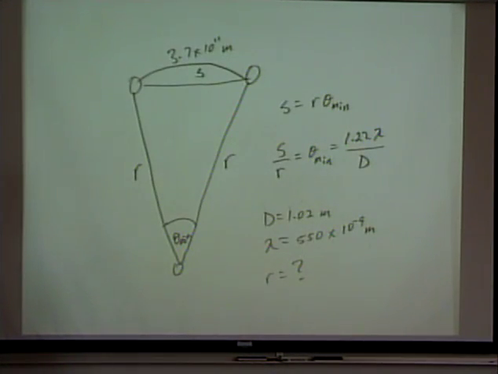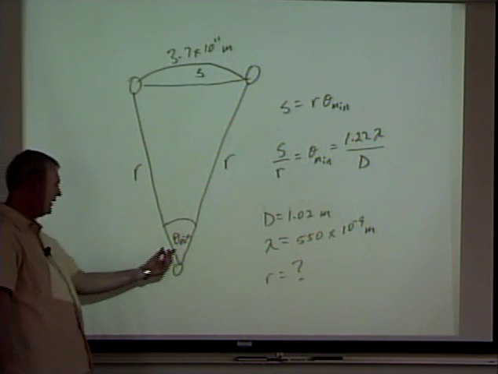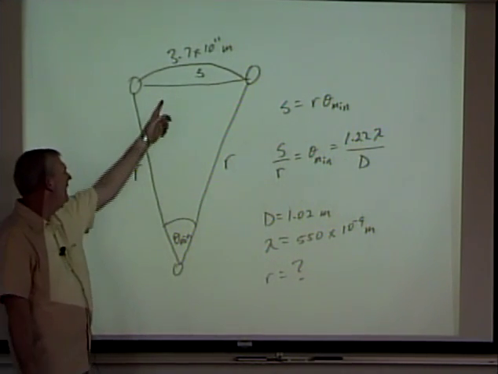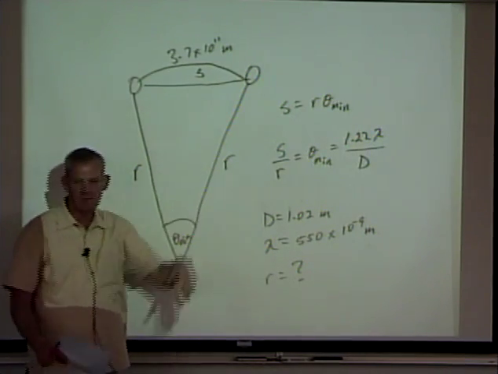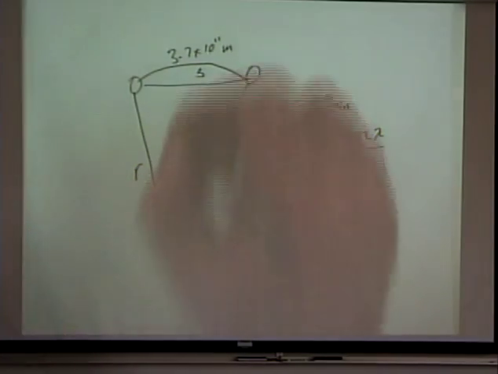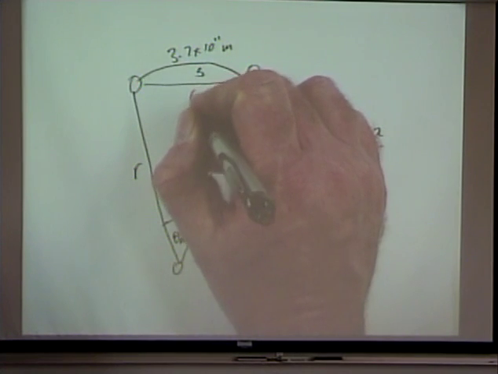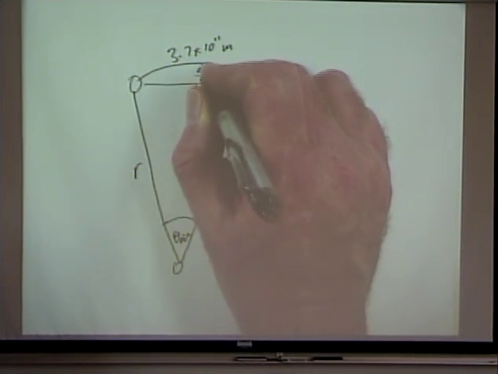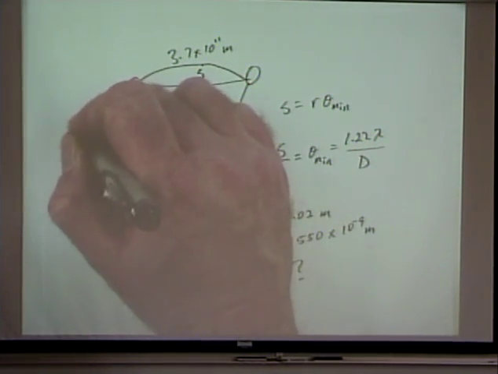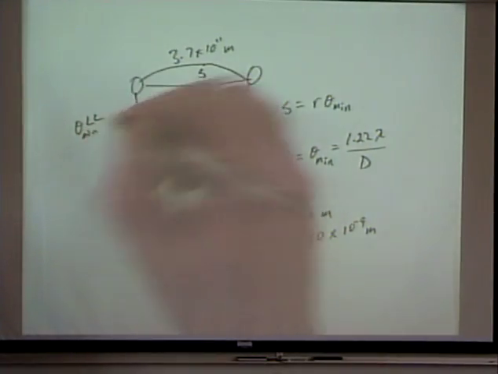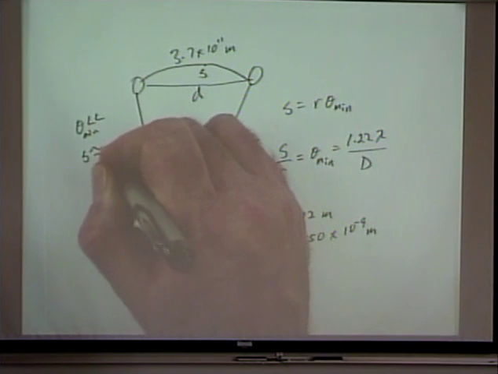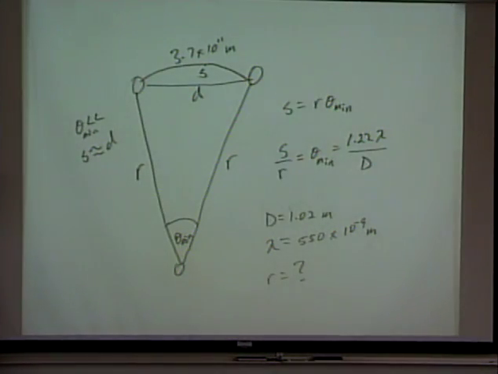Yes, but when theta is that small, it's pretty much straight. When theta is below 10 degrees, this S and this small d are pretty much equal to each other, for all intents and purposes.